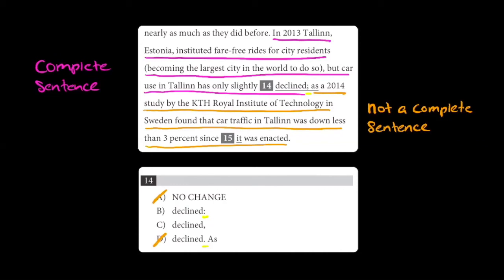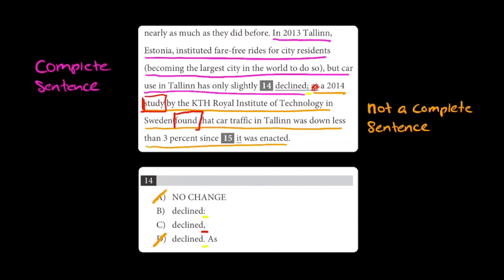Notice that our two remaining choices don't have the word "as." That completely changes the character of the second half of the sentence. When we get rid of that "as," the part that's underlined in orange actually becomes an independent clause, which means that it could be a complete sentence on its own. The word "study" is the subject of the sentence, and the word "found" is our verb, or our predicate.